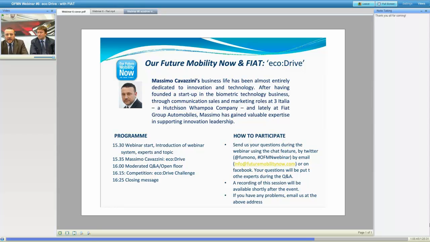Of course, eco-driving is working on the driver behavior, so it's helping the drivers to improve their technique and to have more fluidity. On the other side, there are the external factors, so public administrations could work on improving the fluidity, for example, to have traffic lights that take into account the real-time traffic and all the technologies around the fluidity of the traffic.